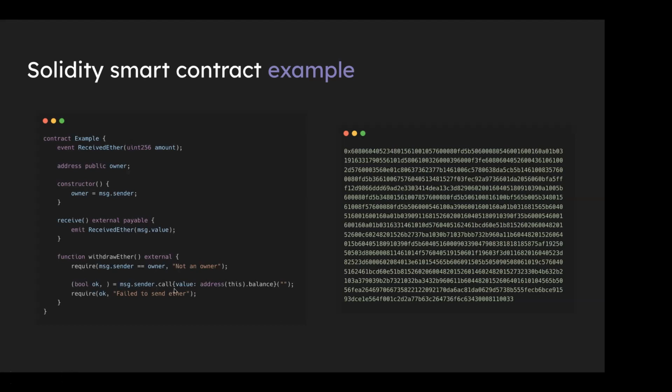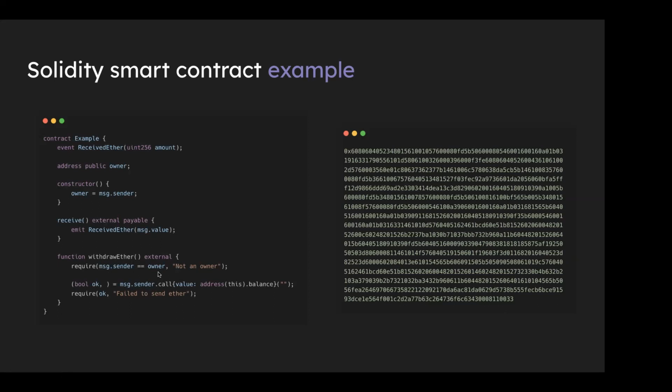Then we do the transfer. If the statement is true, if the caller is the owner, we have to send the Ethereum that this contract owns right now to the owner. Because we have already verified that the message sender is the owner, we can use the message sender here. The message sender is actually an address. So the type of message sender is address.